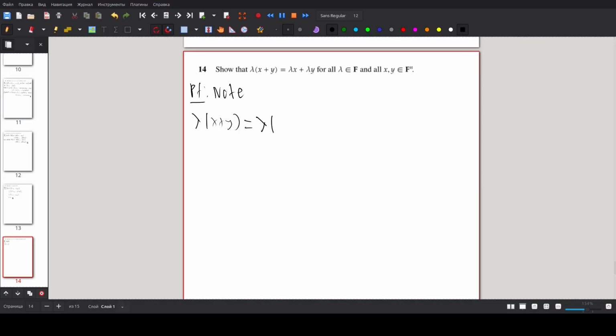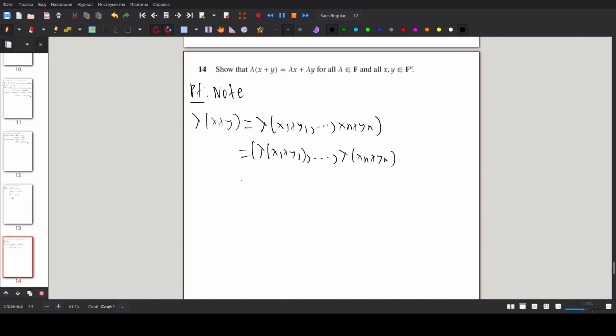So this list is going to be (lambda (x1 plus y1), ..., lambda (xn plus yn)), and because these are from a field, and lambda is from a field, we can distribute.